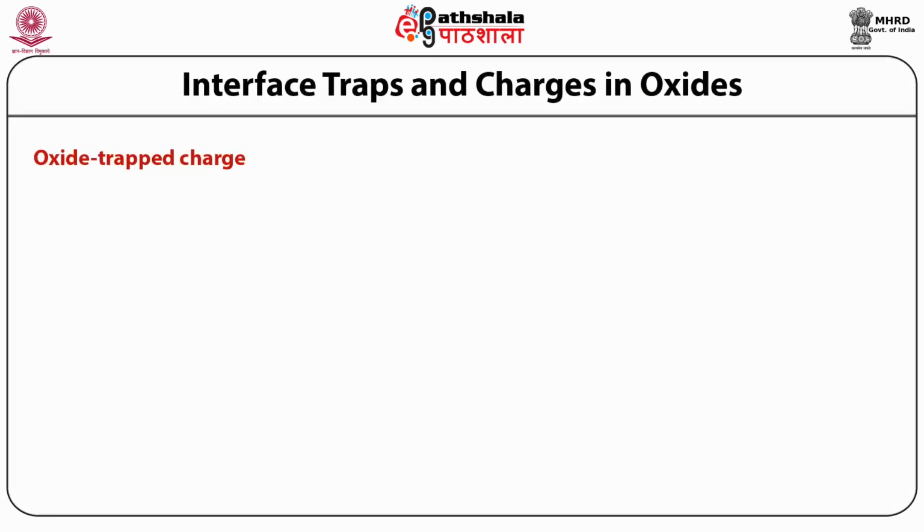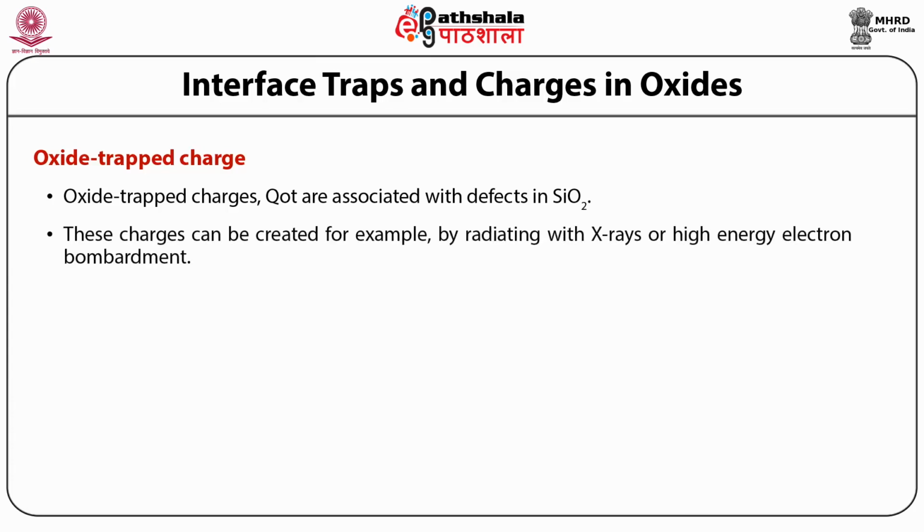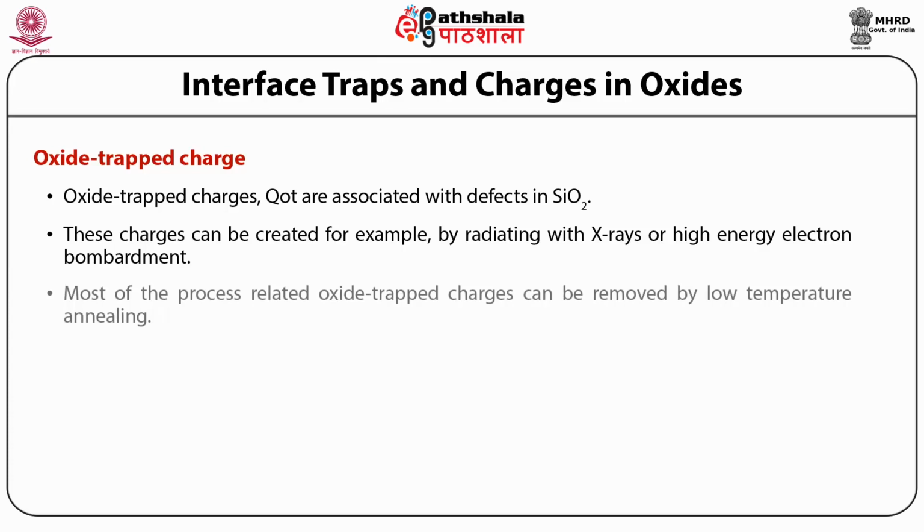Oxide trapped charges QOT are associated with defects in SiO2. These charges can be created, for example, by irradiating with X-rays or by high energy electron bombardment. Most of the process related oxide trapped charges can be removed by low temperature annealing.